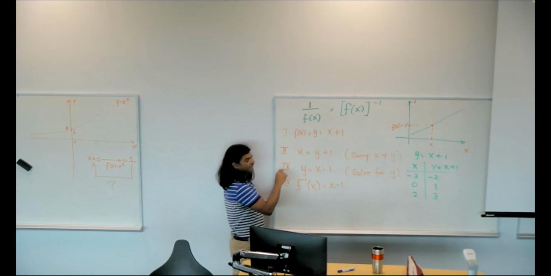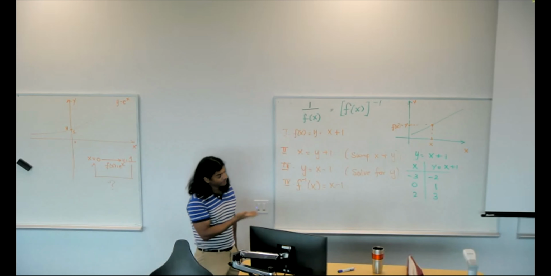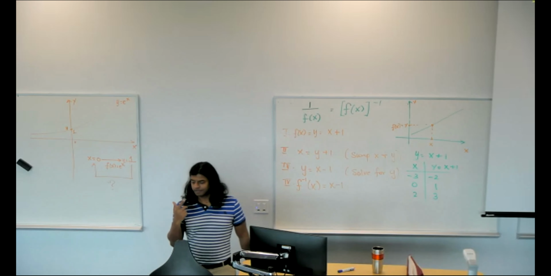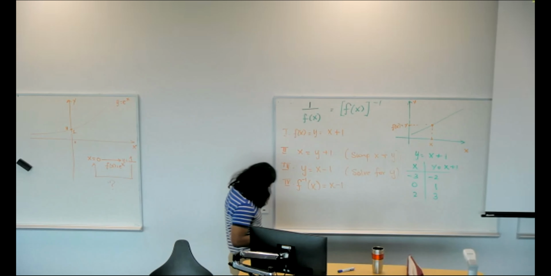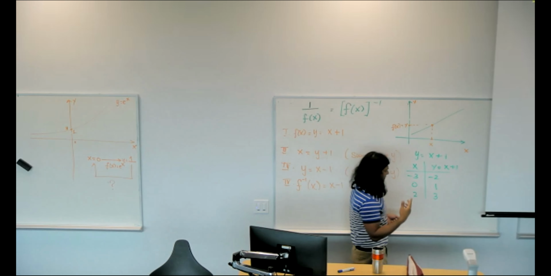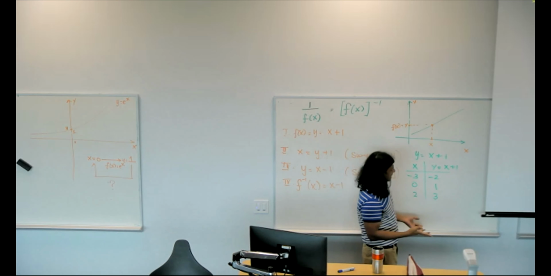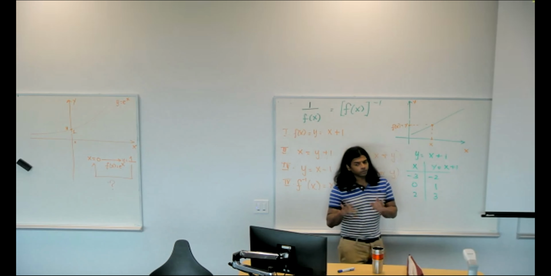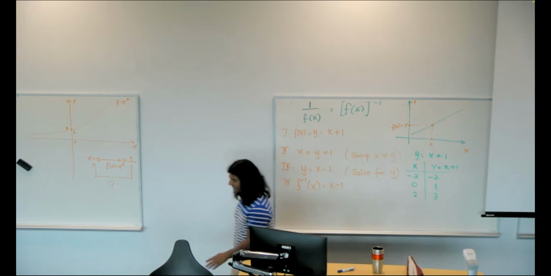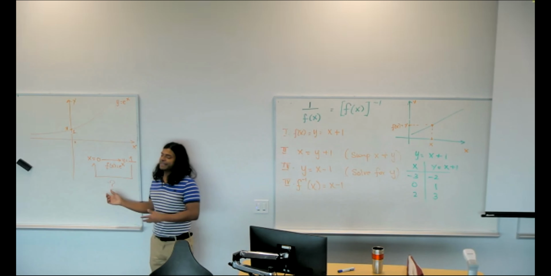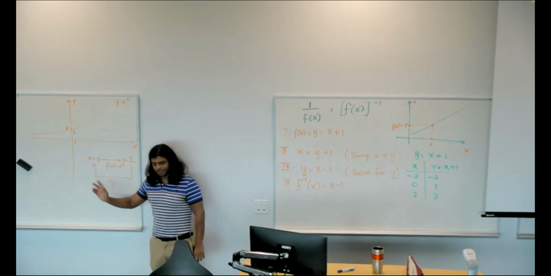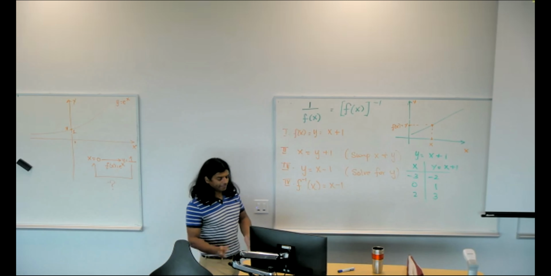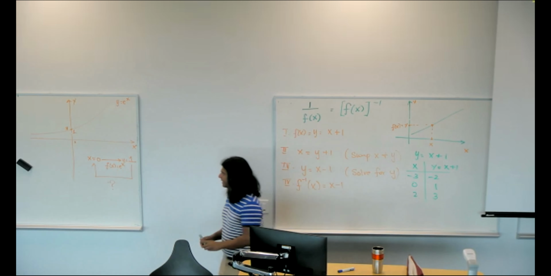I used 4 steps here to find the inverse of that function, x plus 1. Linear functions, you can easily find the inverse. Quadratic functions, simple ones, you can find the inverse easily. But when you get to functions such as exponential, sine, cosine, finding an inverse is not so easy.